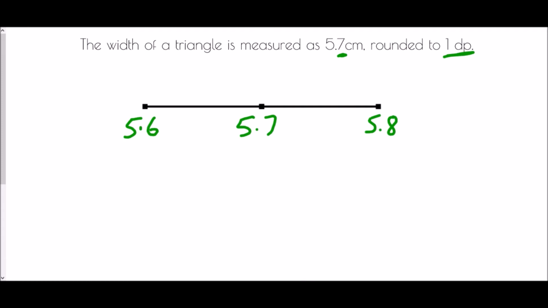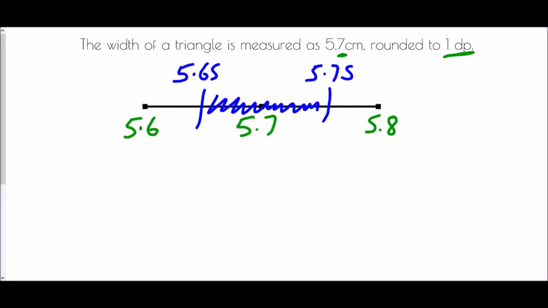But the same process comes in. We still need to split in half because only the values here would round to 5.7. So what is the number that is halfway between 5.6 and 5.7? Well, it is actually 5.65, and at the top end 5.75.